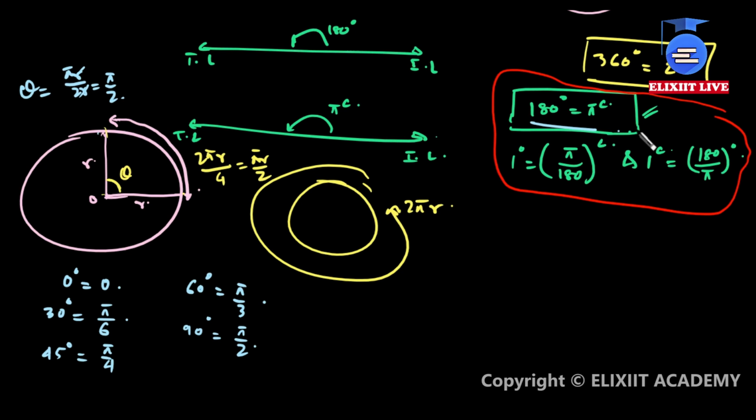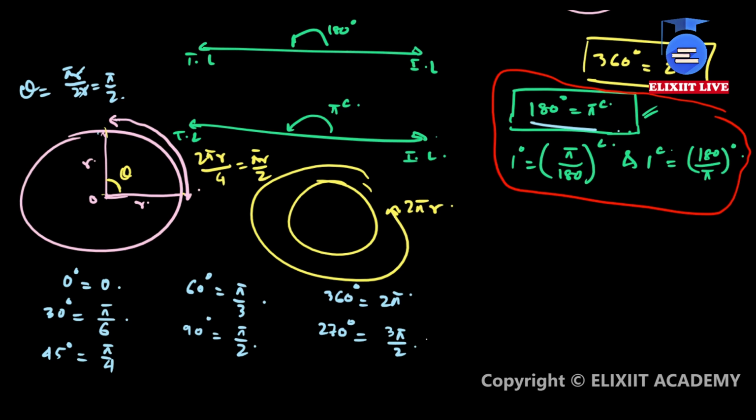Simple idea. Start visualizing angles this way. More than this, 360 degrees is 2 pi. 270 degrees is 3 pi by 2, that is 3 times 180 divided by 2.